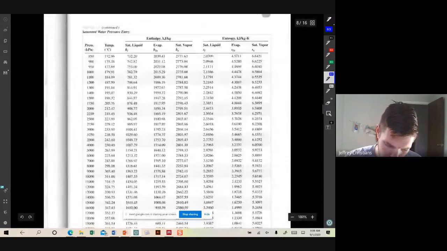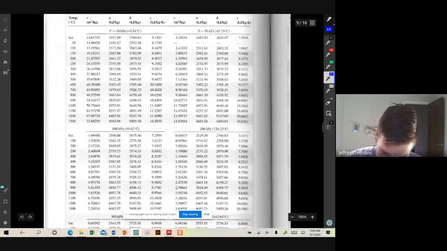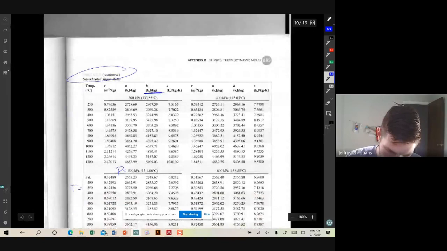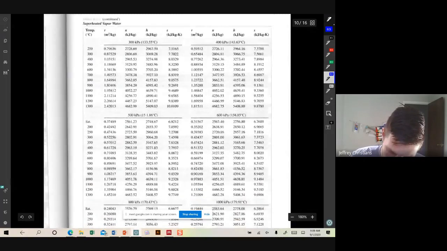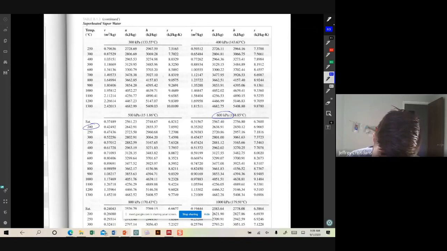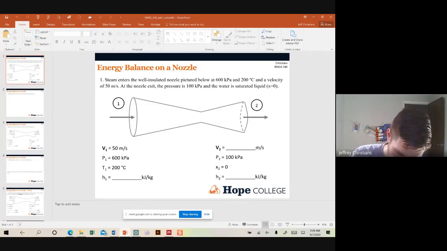So we can go to the steam section, superheated water vapor. We can erase some of this scribbling from before. We're going to be right here at 200 C and 600 kilopascal, so our enthalpy is right there, 2850.12.